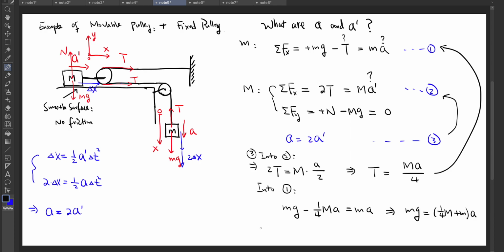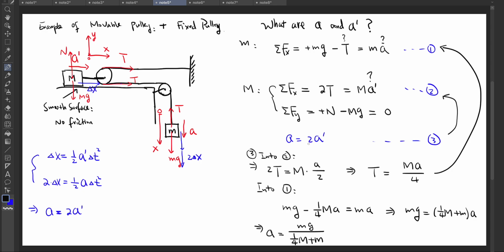Okay, and then we can finally get a equals little mg over 1/4 big M plus little m. Okay, so that's the acceleration a.